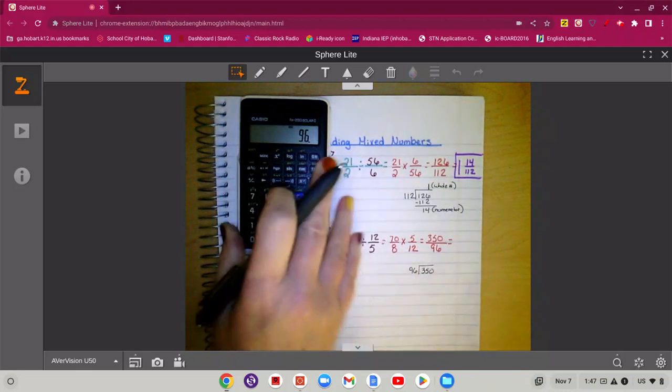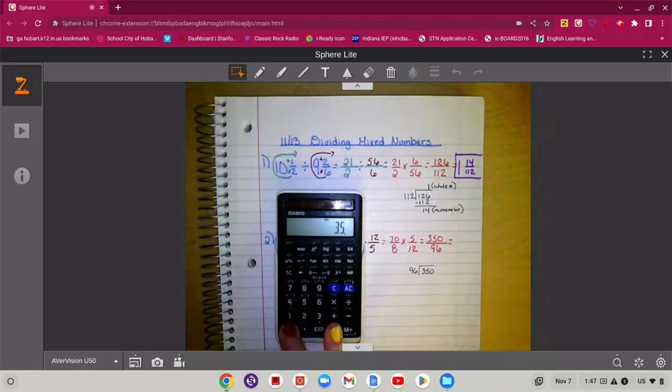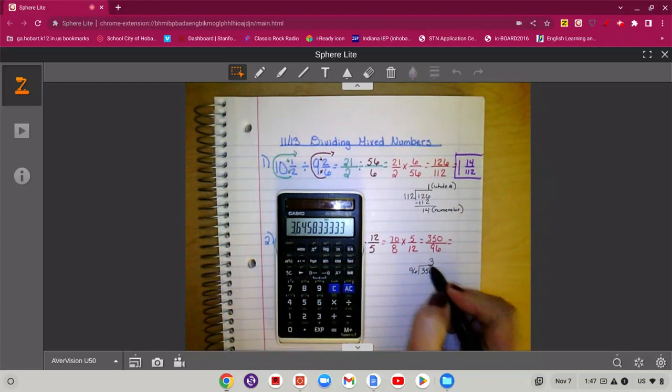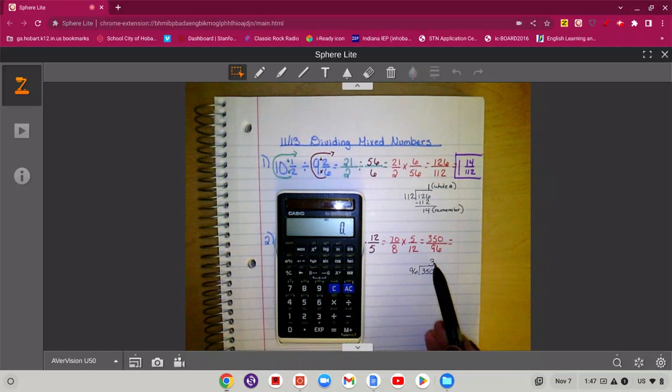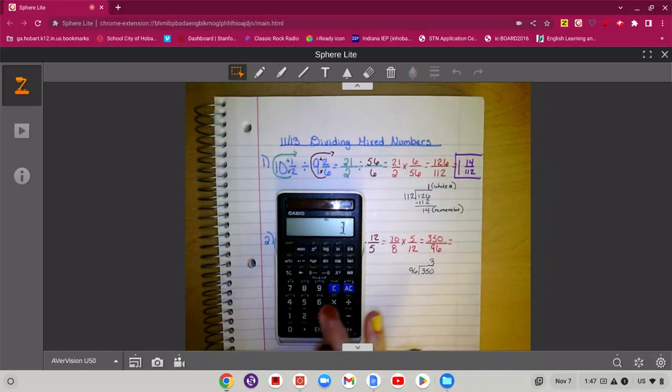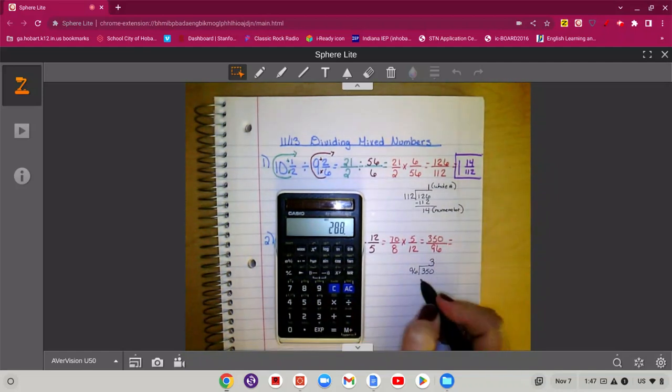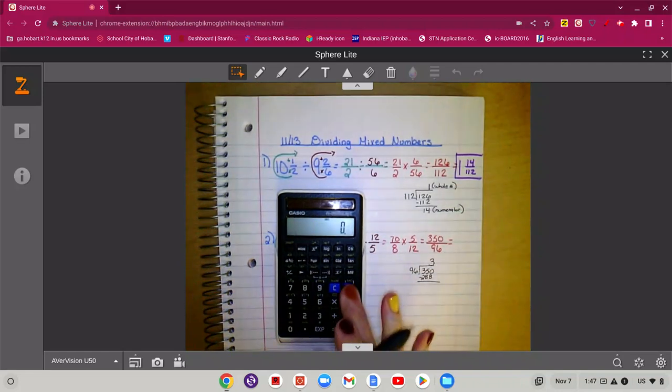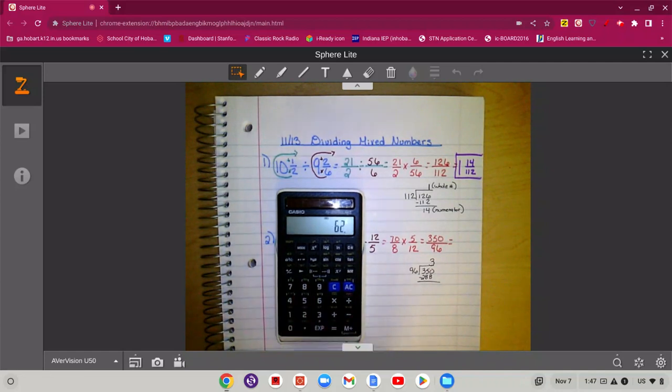And I'm going to use my calculator. 350 divided by 96, we're only looking at the whole number, so it goes in 3 times. And then we need to figure out what 3 times 96 was, and that gives you 288. So when we subtract 350 minus 288 gives us 62.